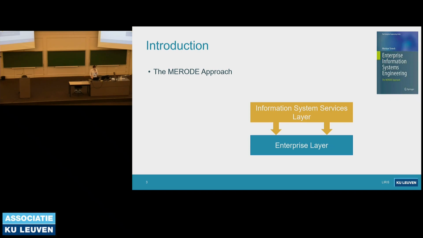Then on top of that, the information system service layer models the input and output services into the enterprise layer. And the third layer is the business process layer, where we can model the BPMN process. So when a student receives a case description, they should learn how to allocate a certain requirement to each of these layers.